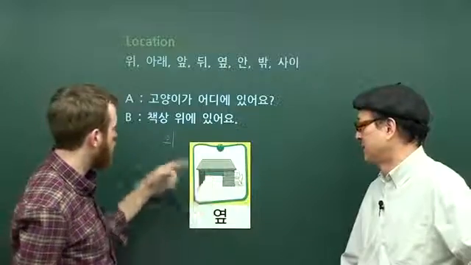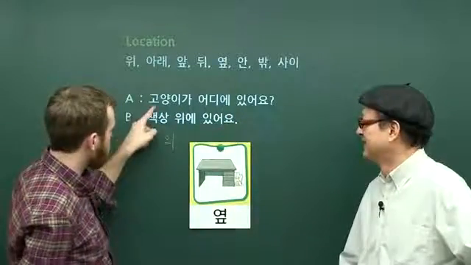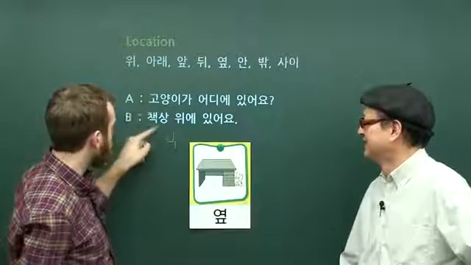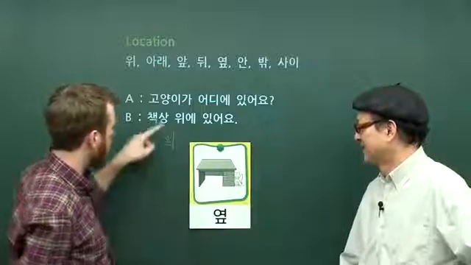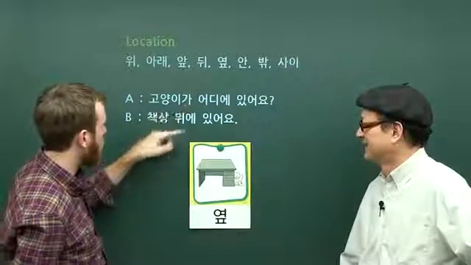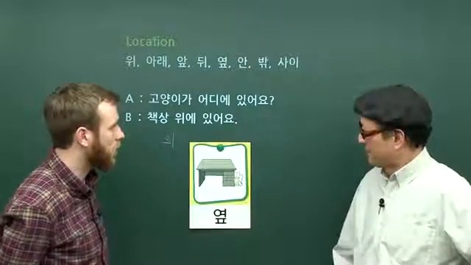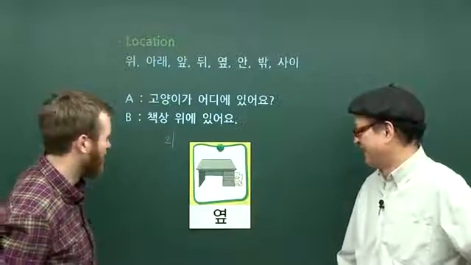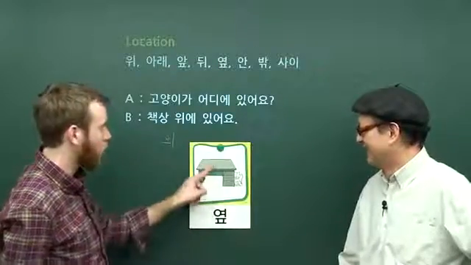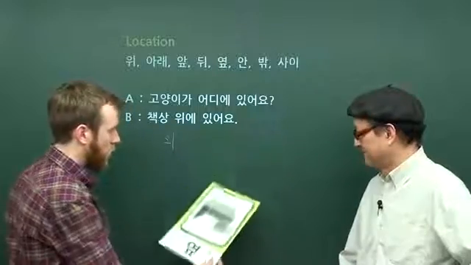So if I ask the question, not where is the cat, not 고양이가, but 책상이 어디에 있어요? So our marker changes from 가 to 이 because of the consonant here. 책상이 어디에 있어요? 고양이 옆에 있어요. I'm not looking for the cat, I'm looking for my desk. So easy enough to change that sentence.